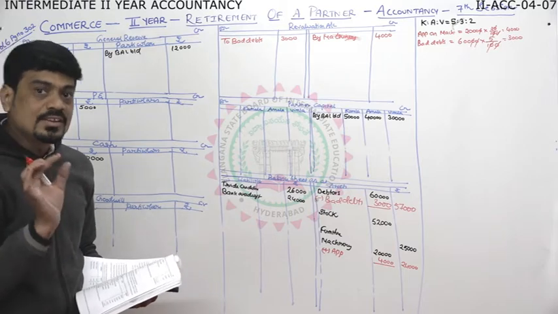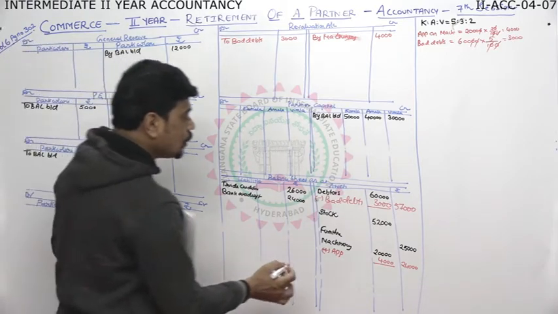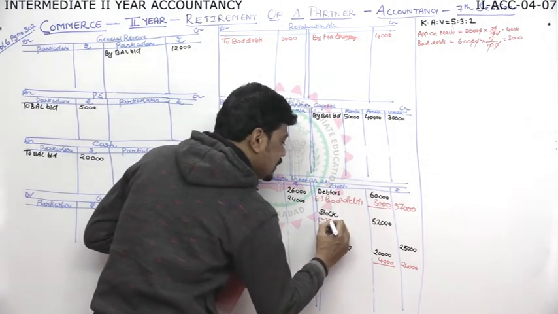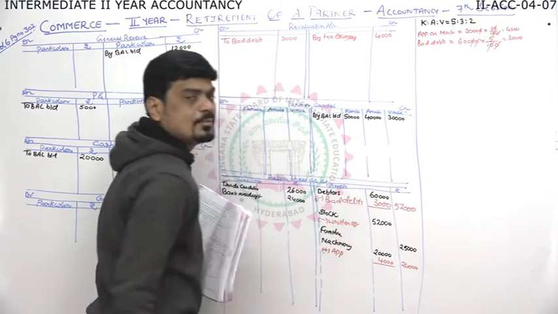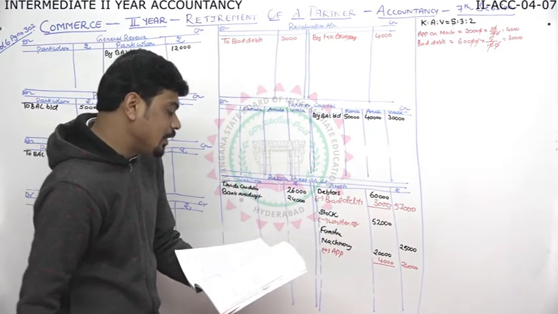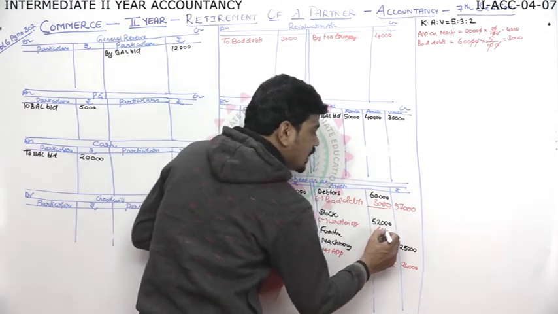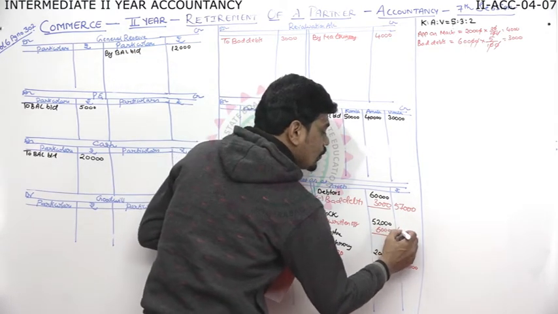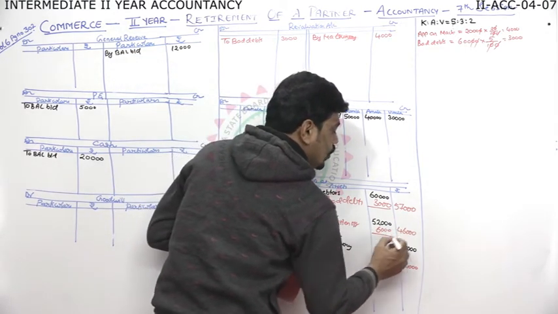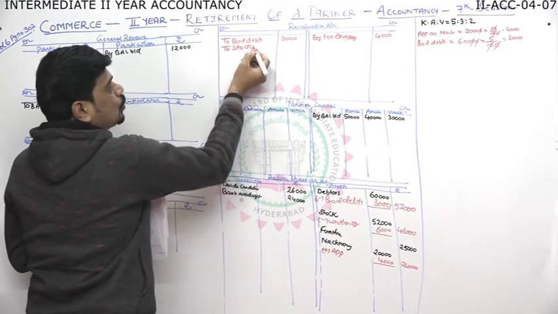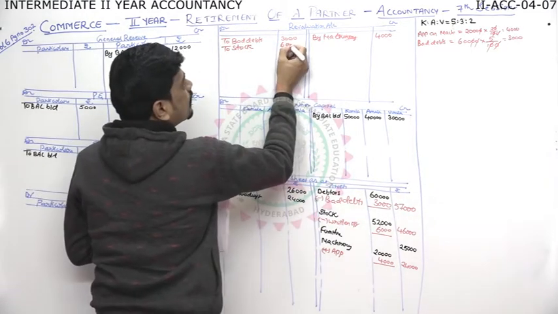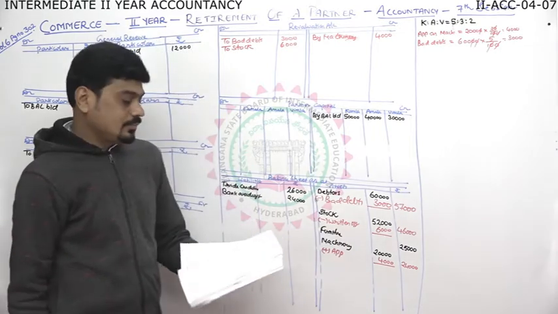Means depreciation is 6,000 on stock. Already I taught you the word. We'll write written off. Depreciation is nothing but written off only. How much is written off? 6,000. So 46,000 stock value. Again, revaluation to stock 6,000.